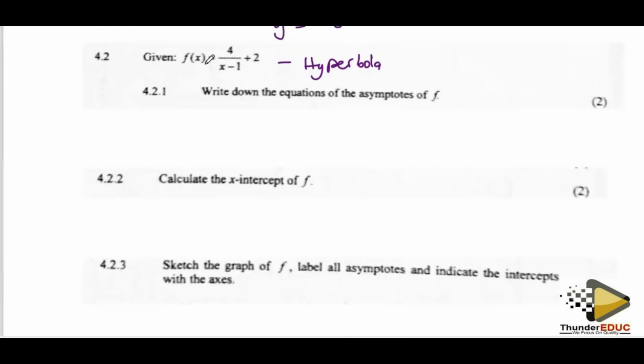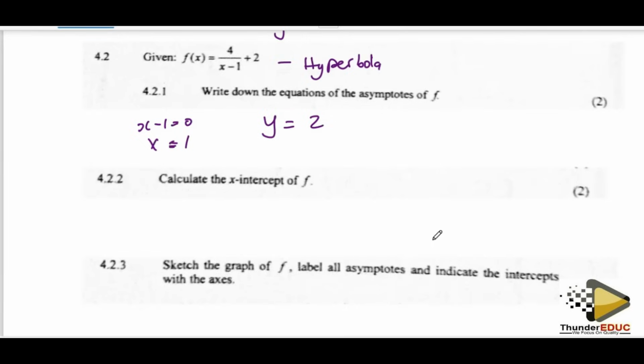With asymptotes, for the vertical one, we get the x minus 1, equate it to 0, which means x is 1. And for the horizontal asymptote, y is going to be equal to still 2. So x is equal to 1 and y is equal to 2.